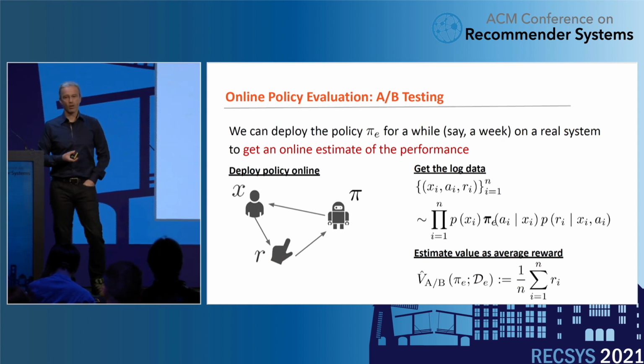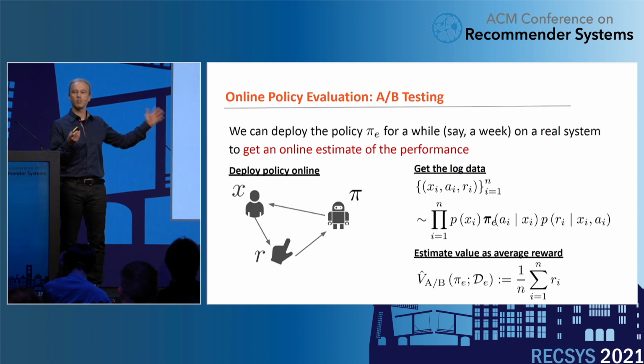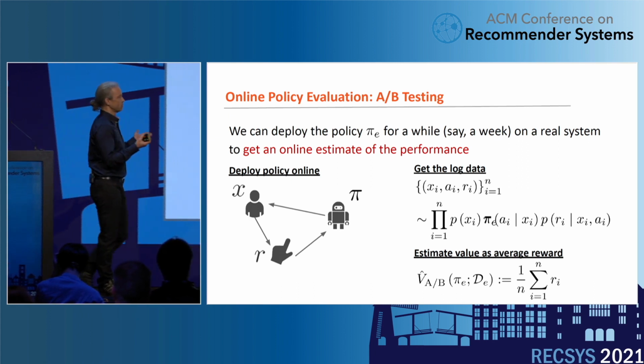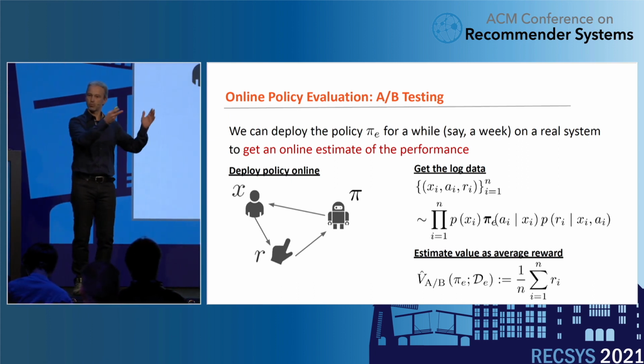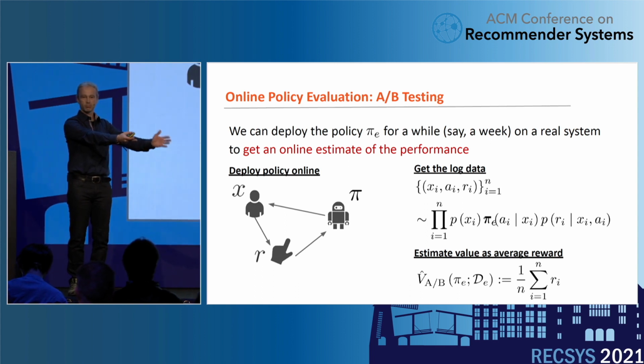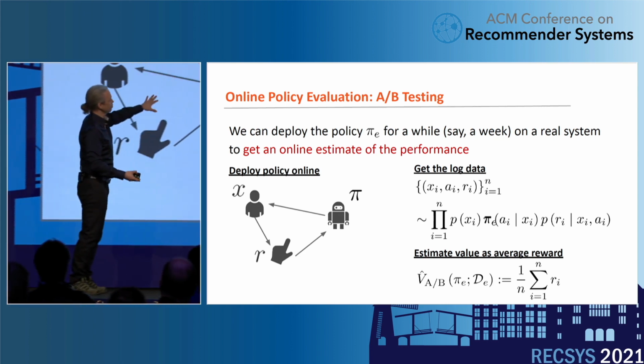So what's the simplest way of actually estimating the value of a policy? That's the policy evaluation problem. And the simplest way to do this is to put this policy into production, right? To put it into our system. And we call this an A/B test, especially if we have multiple policies that we want to compare. We just implement this policy, put it in front of users, and have the users interact with this policy.